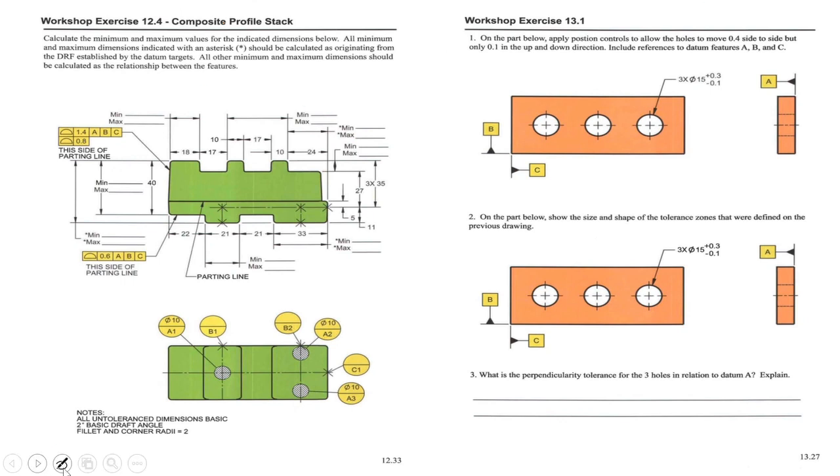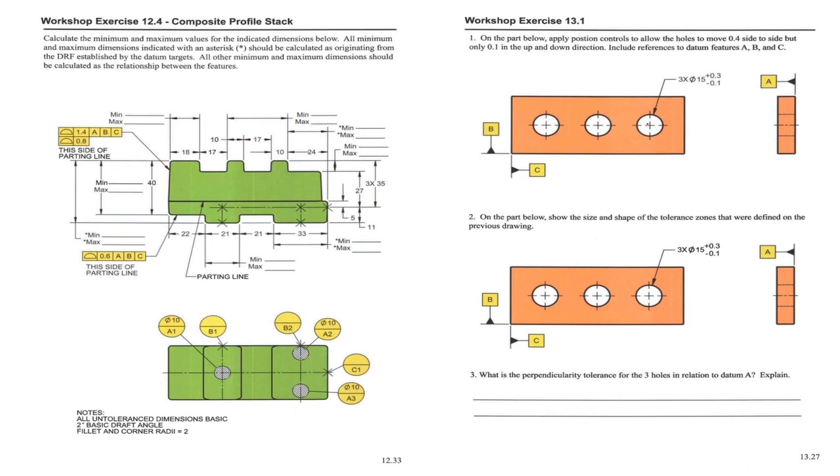And next, on this side, on the part below, apply position control to allow the holes to move 0.4 side to side, but only 0.1 in the up and downward direction. So there are two ways to define this one.